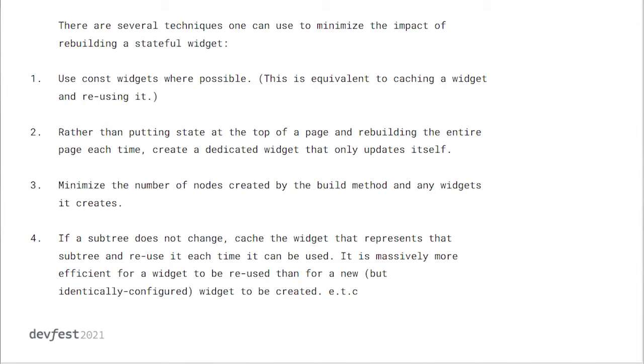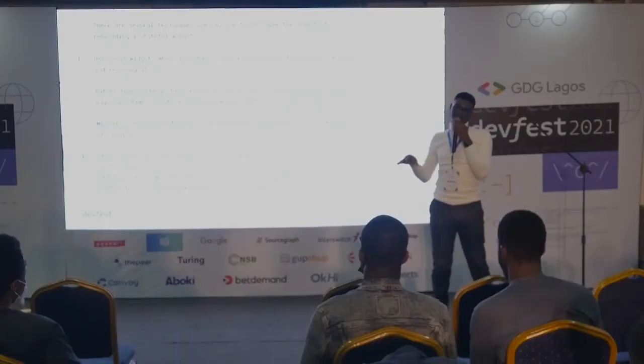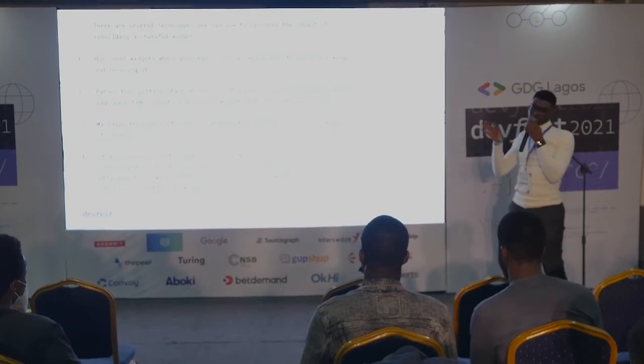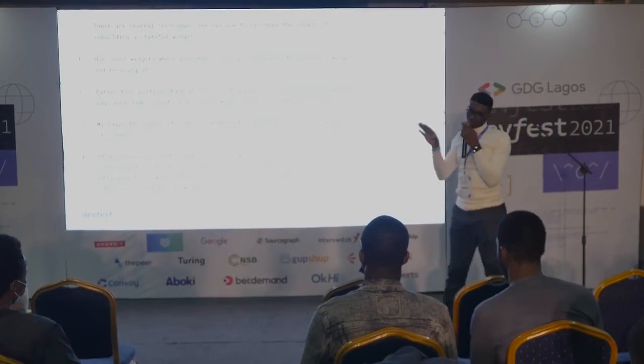One of the ways to easily do this is to break your UI down into different stateful or stateless widgets as you want, and then manage these widgets on their own. And these widgets definitely have to manage their own state on their own without accessing the main state of that particular stateful widget.